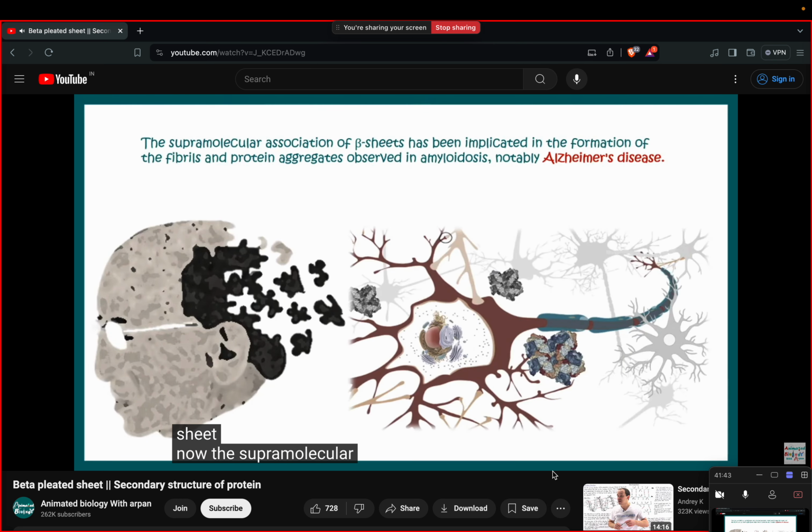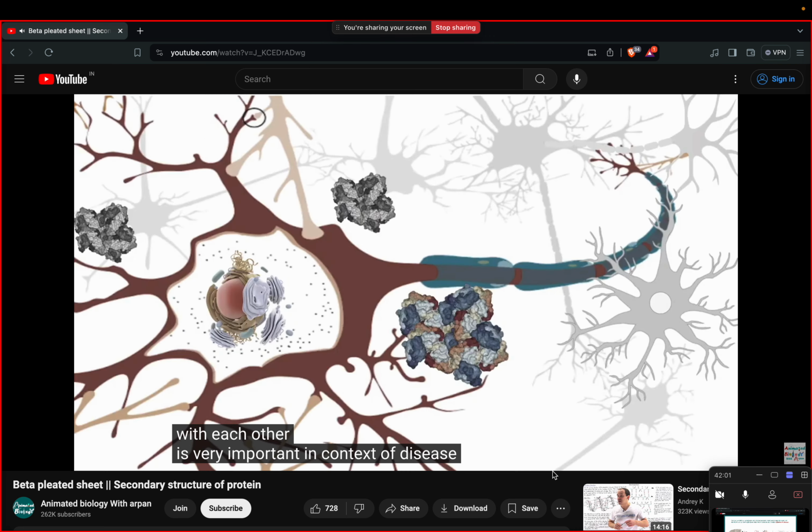Now, the supramolecular association of beta pleated sheet has been implicated in neurodegenerative diseases like Alzheimer's, where it can form aggregation. So beta pleated sheet, their interaction with each other is very important in context of disease.